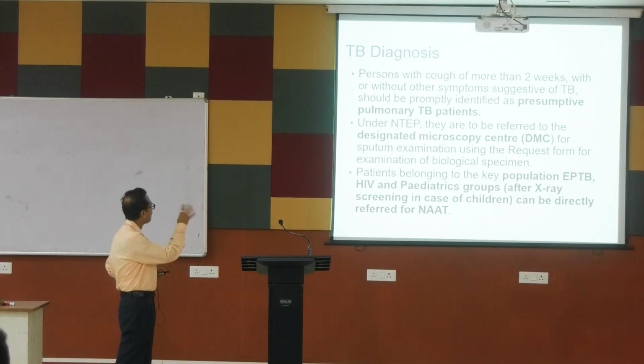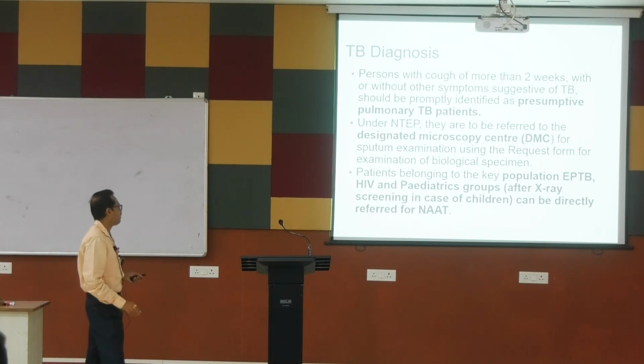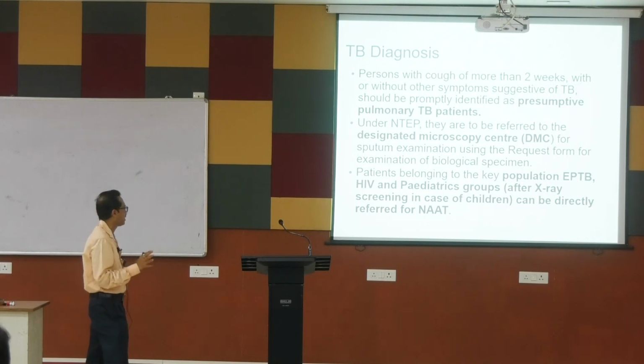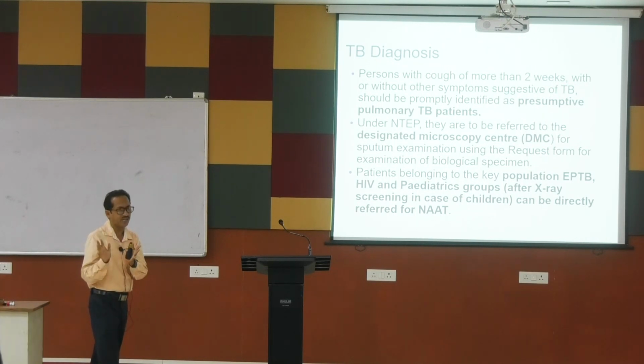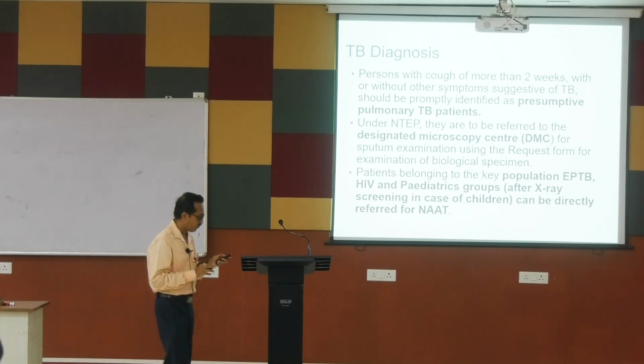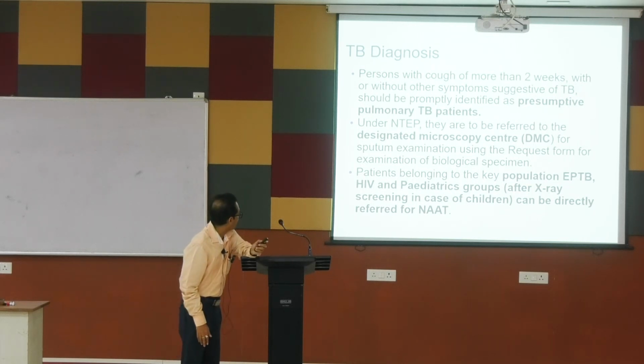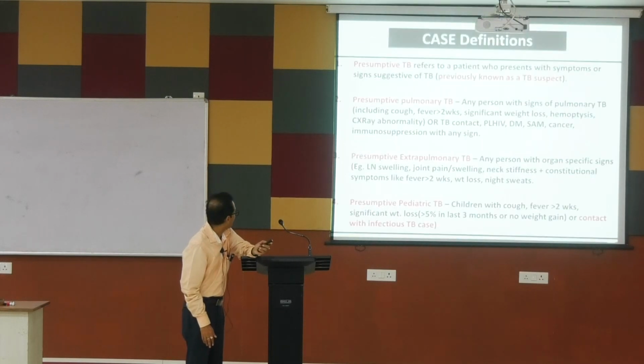A person with cough for more than 2 weeks is a presumptive pulmonary tuberculosis patient. They are to be referred to a designated microscopy center for sputum examination. For patients belonging to a key population, when you suspect extrapulmonary tuberculosis, HIV or pediatric age group, go directly to CBNAAT. So this is the second principle. When you get a patient with cough for more than 2 weeks, you exclude tuberculosis.